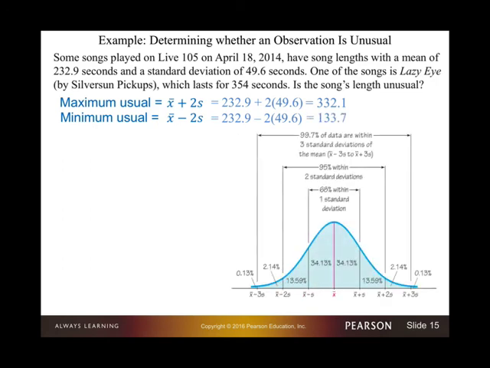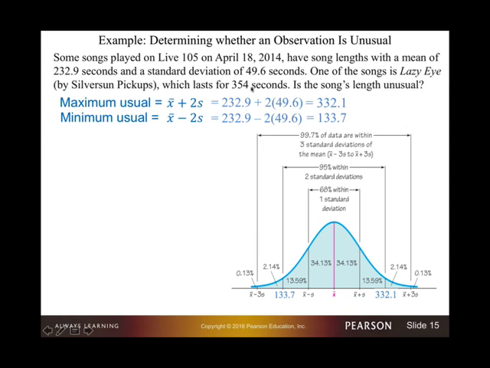Okay, look at the picture again. We have the maximum usual, that's 332.1, somewhere like here, right? And for the minimum usual, that will be like here, 133.7. Now we want to figure out if the song The Lazy Eye, which lasts 354 seconds, is unusual. So think about it.